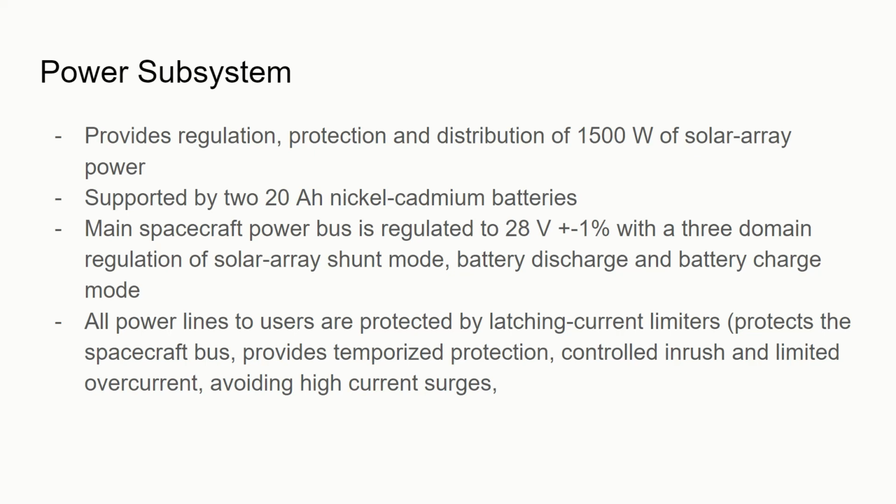All power lines in the power subsystems to users are protected by LCL or latching current limiters, which protect the spacecraft bus. It provides temporized protection, it controls inrush and limited overcurrent, and it will avoid high current surges.